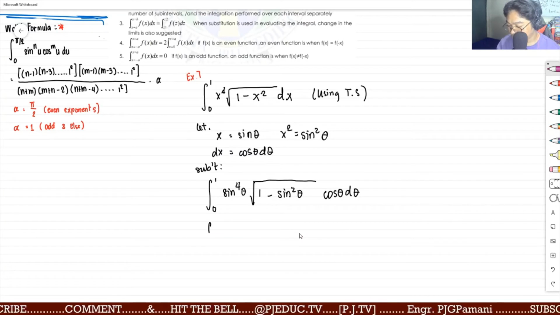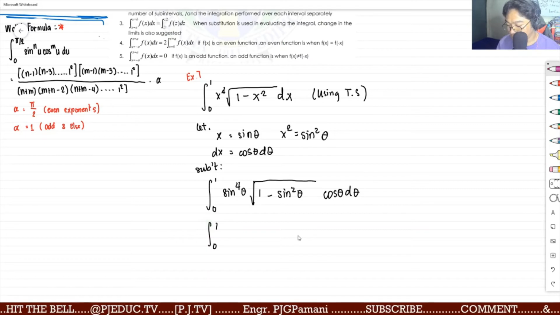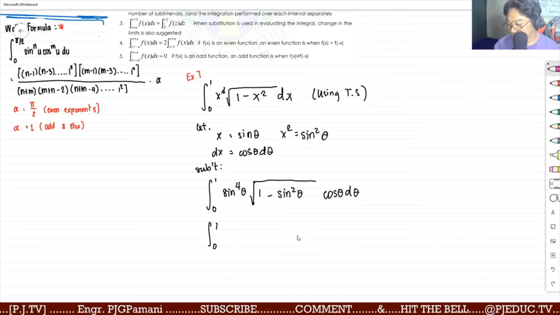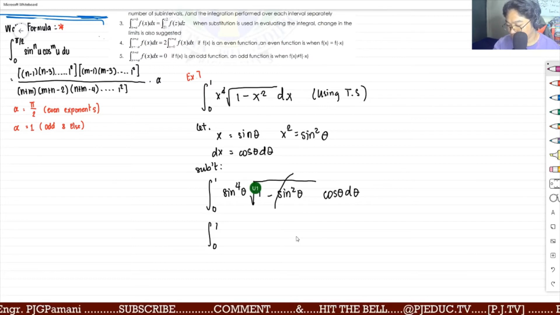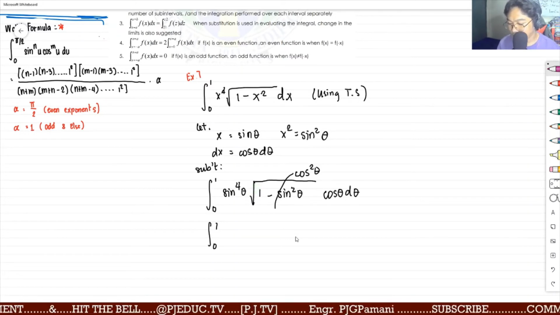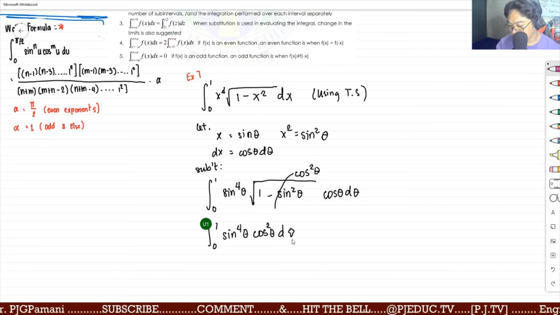Pwede na natin i-simplify yan. 0 to 1. 1 minus sine squared, identities, that is cosine squared. If that is cosine squared, square root of cosine squared is simply cosine, right? Cosine theta times cosine theta, that is now sine raised to the 4th theta, and cosine squared theta d theta.